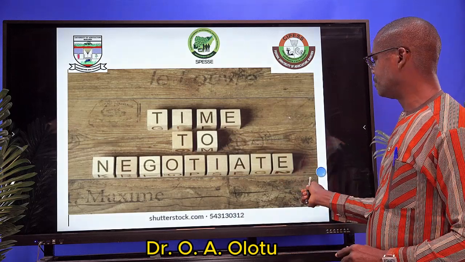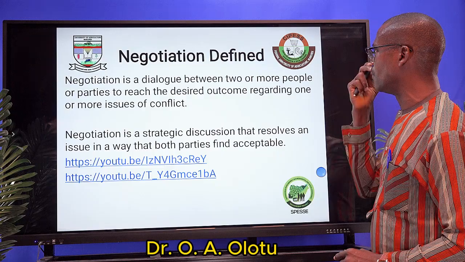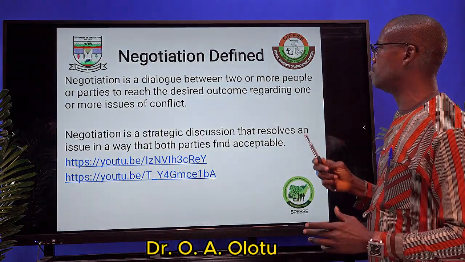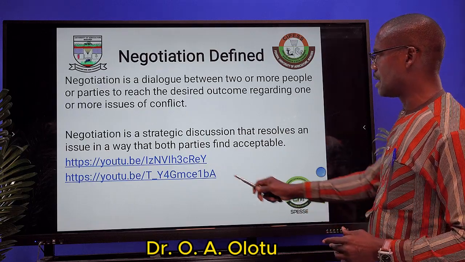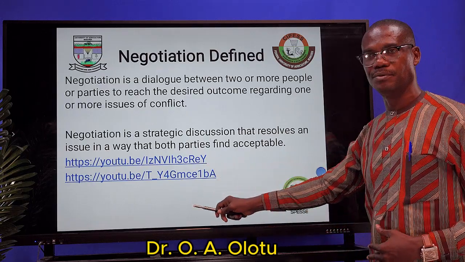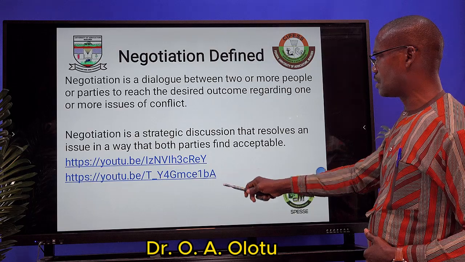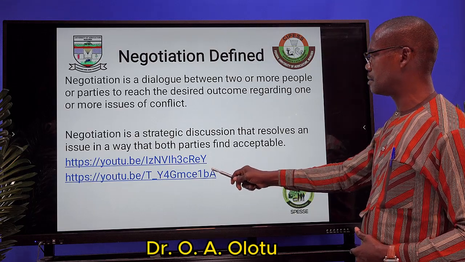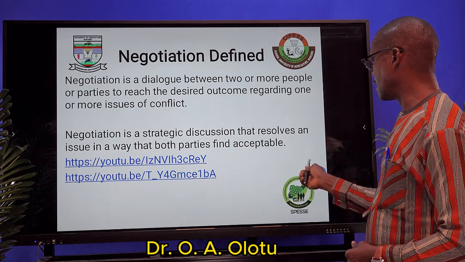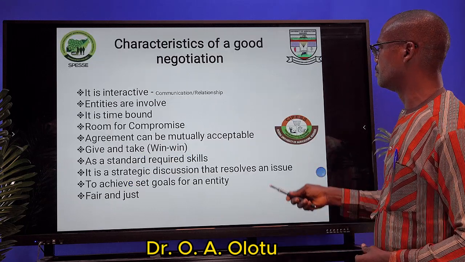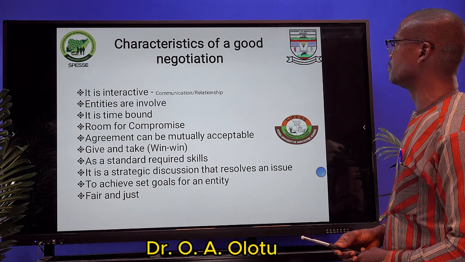Okay? So this document provides you negotiation methods, negotiation skills, negotiation approach, and I also provided some videos for you that you can use to ensure that this topic on negotiation will give you a better understanding on how to go about your business.